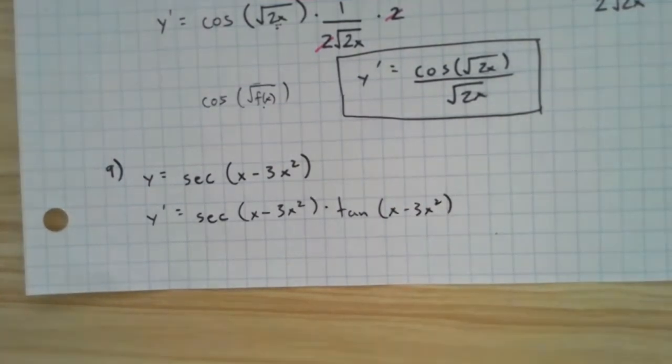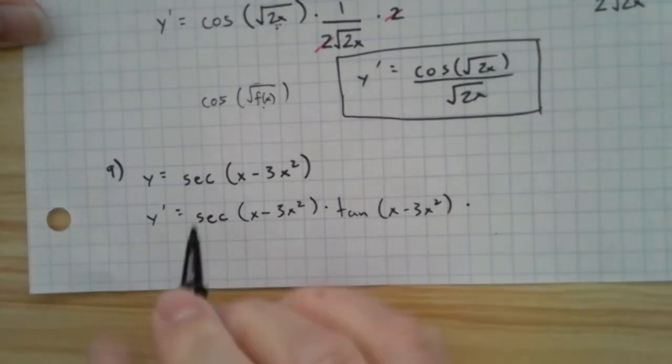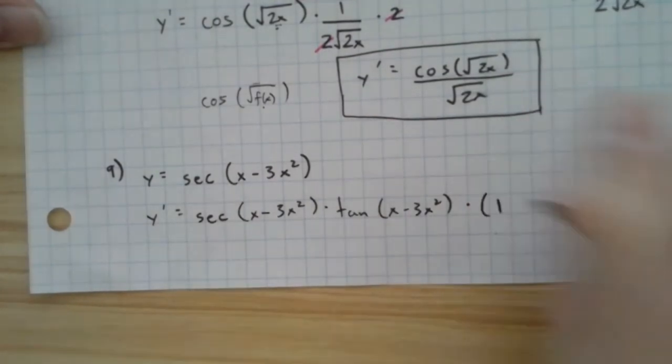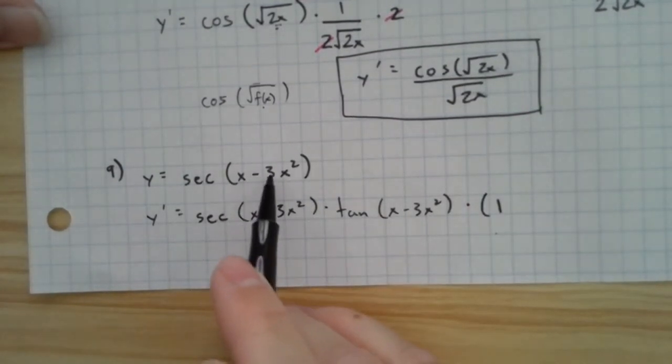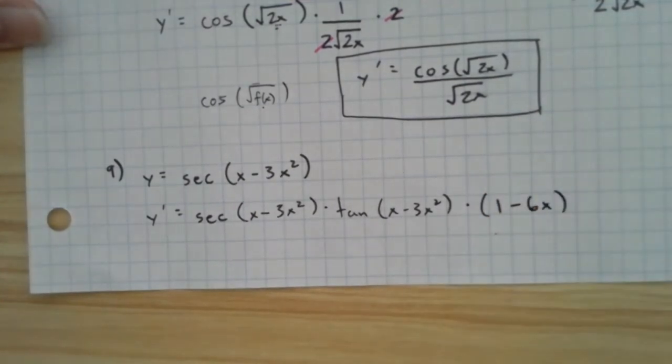Okay? Again, the derivative of secant x is secant x tangent x, or tangent x secant x, same thing. Okay? And then times the derivative, of course, of the inside. Chain rule, so the derivative of x is 1 minus the derivative of 3x squared is 6x.